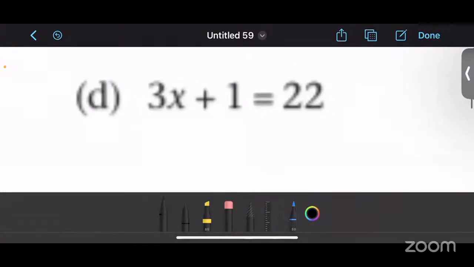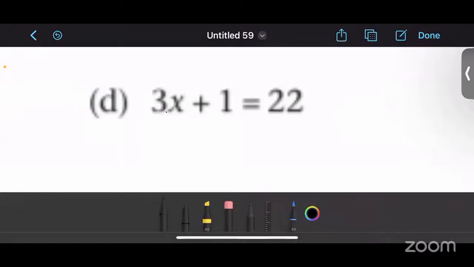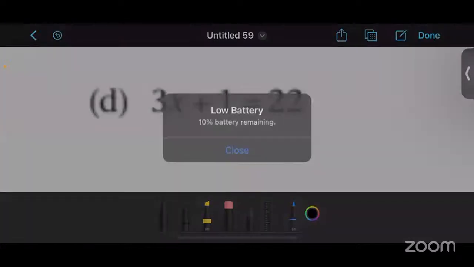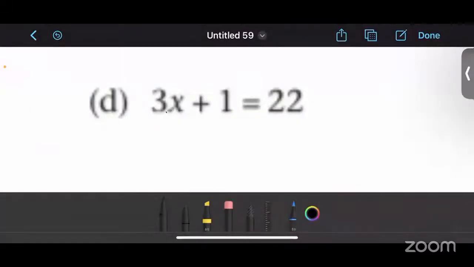Let's give this one, 3x plus 1 is equal to 22, to Naomi. Naomi? Naomi? Damn, my phone. Sorry, guys.